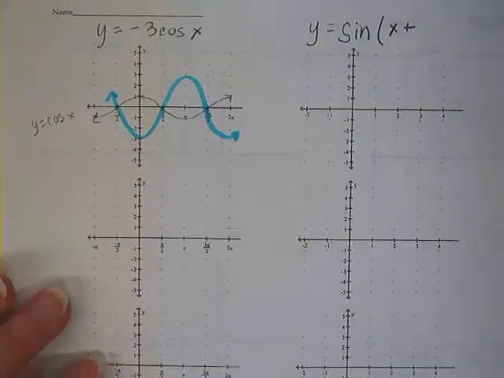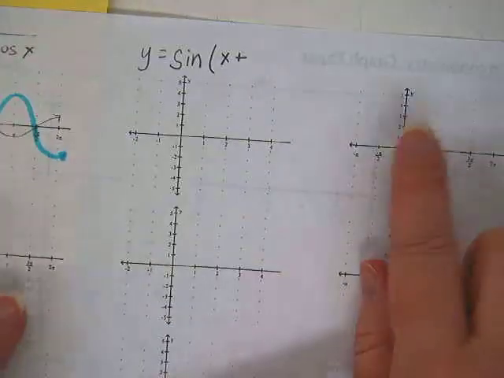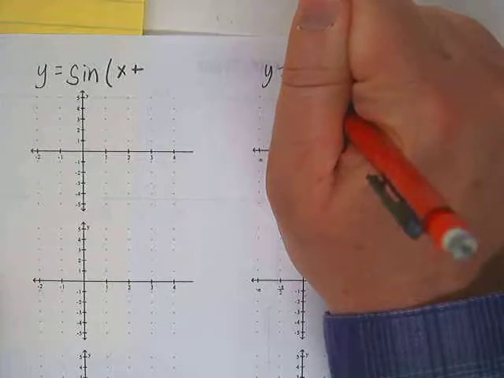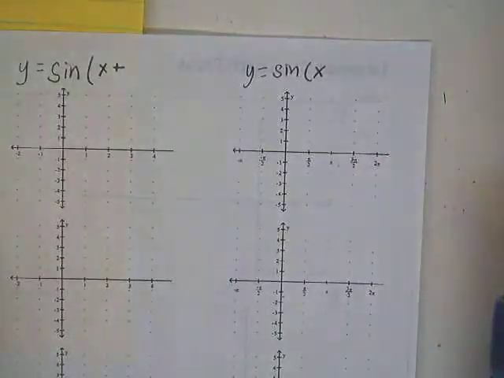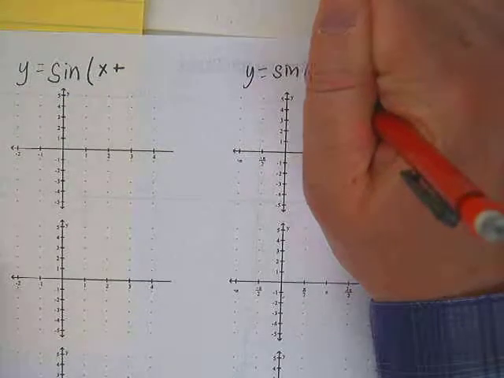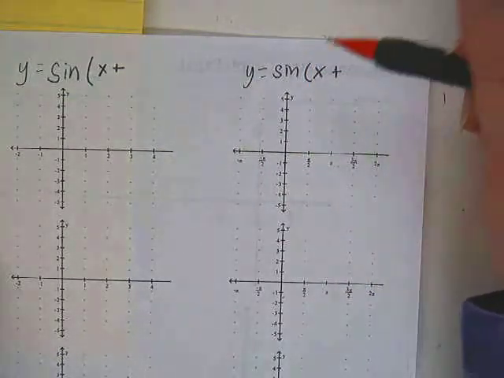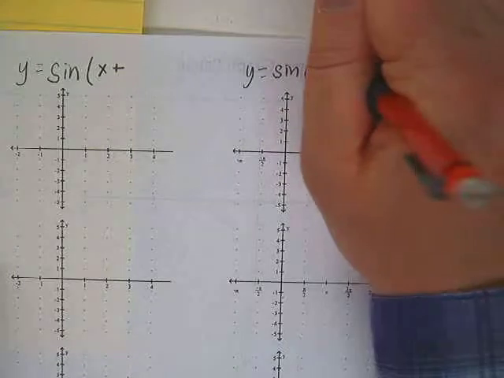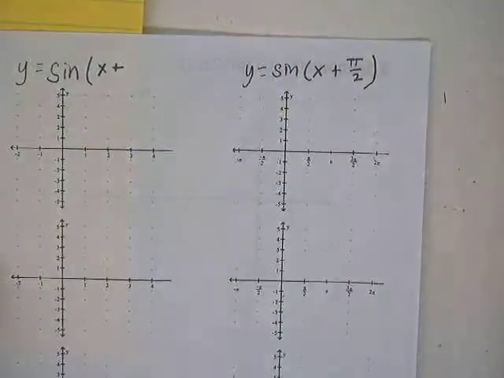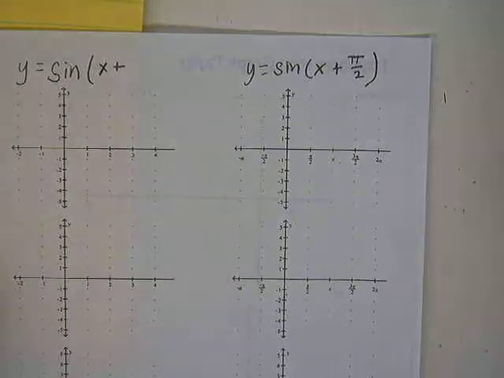That's so that you had a variety of graphs to use. Because of that, though, I'm going to skip this one and just go with the one with the pi's on it. Okay, so y equals sine x. If I do a plus, that shifts to the left, correct? So plus pi halves.